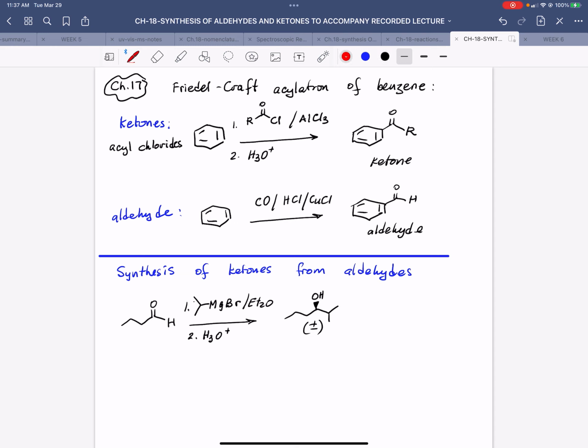This is a secondary alcohol. So we start with an aldehyde. In the first and second steps, we convert it into a secondary alcohol, and then we can oxidize it with PCC, DCM, and produce a ketone on that reactive position. Okay?